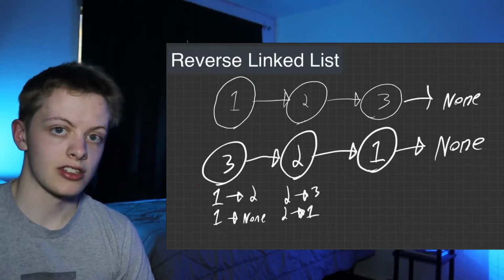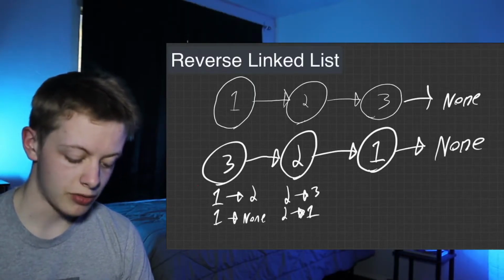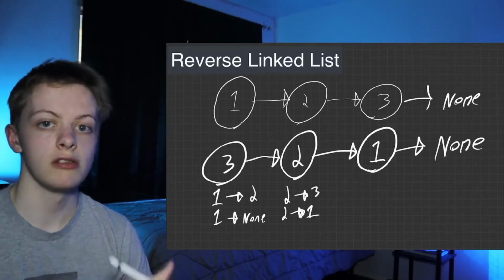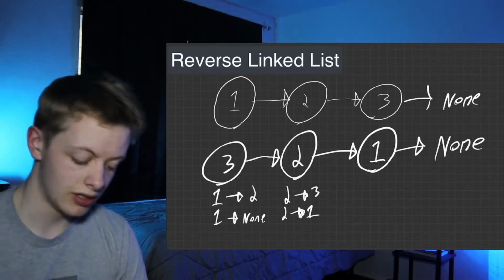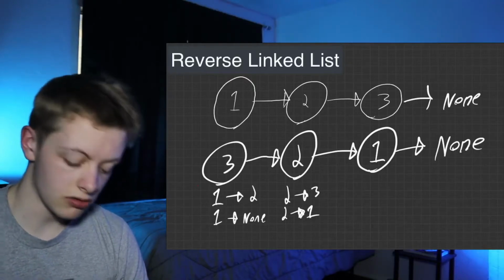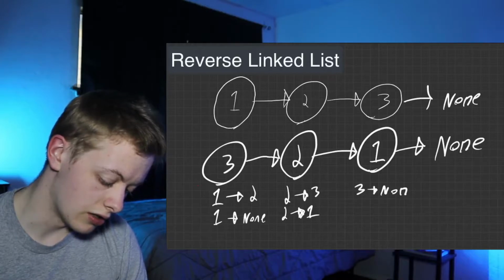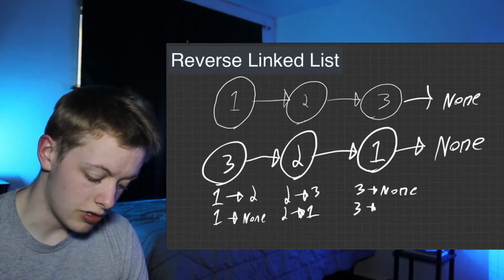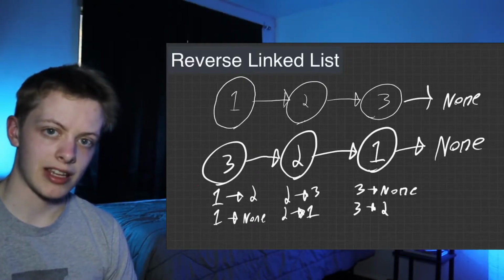If you're confused as to how I got 2 pointing to 1, I'm taking a look at our bottom list and seeing where the pointer is going from 2. 2's .next property is going to 1 in our example on the bottom. And now let's take a look at 3. 3 in our initial example was pointing to none. Now 3 is pointing to 2. Hopefully these examples make sense.